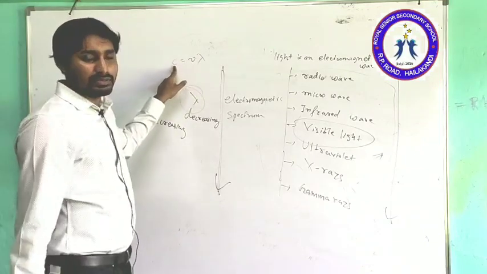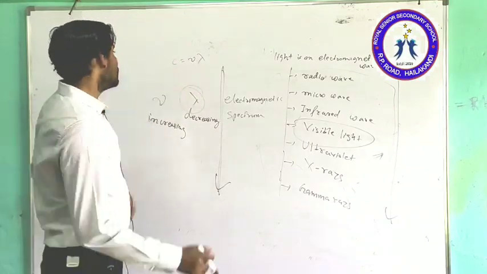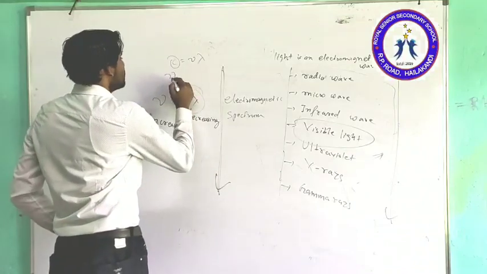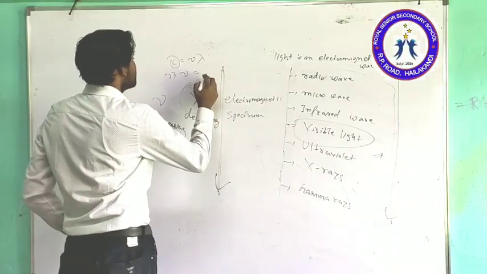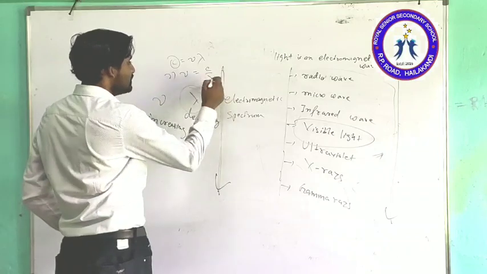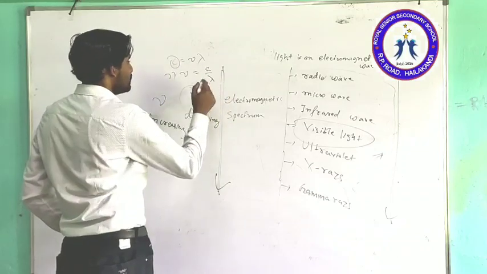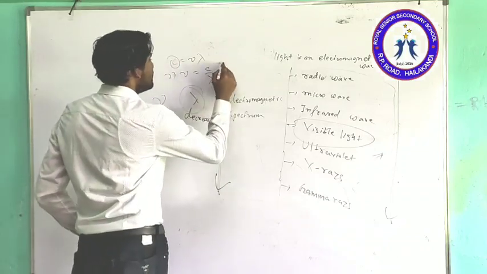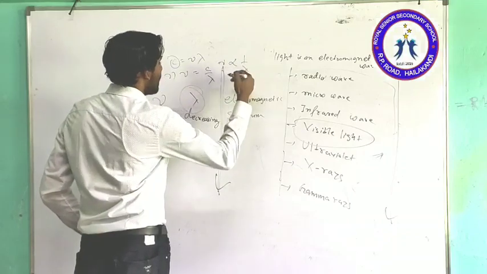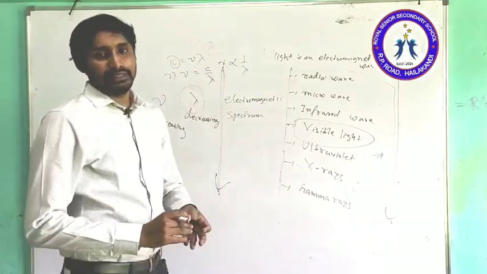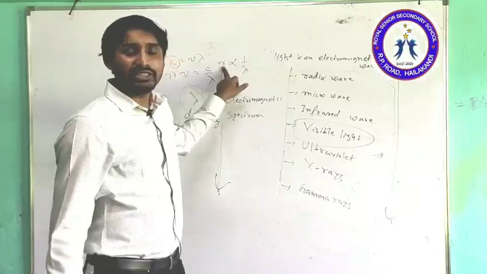Here c is the speed of light, so it is constant, so nu is equal to c by lambda. This is the reciprocal relation, so nu is inversely proportional to lambda. So if lambda increases, then nu, that is frequency, will decrease.